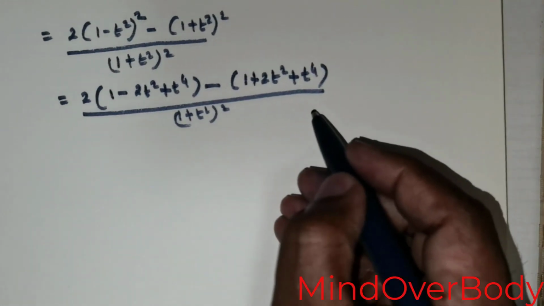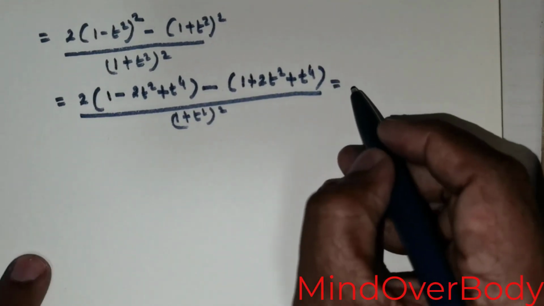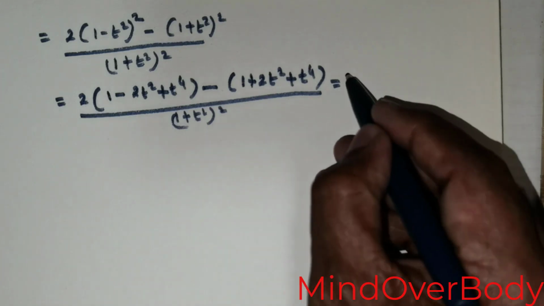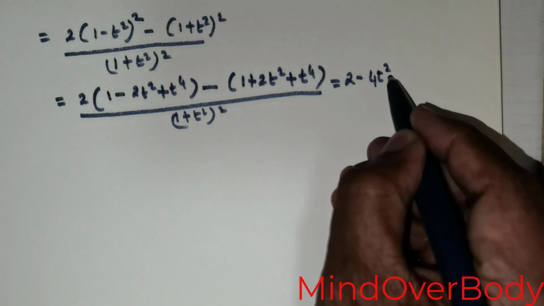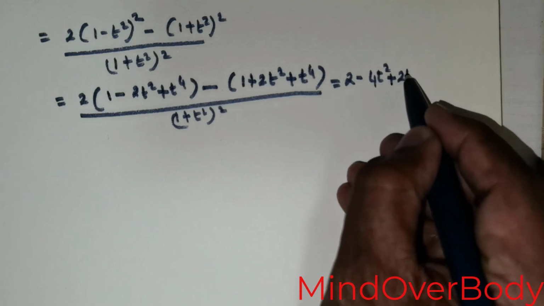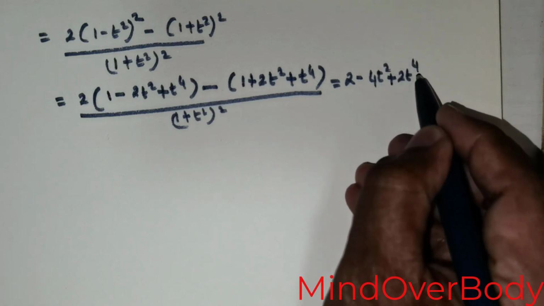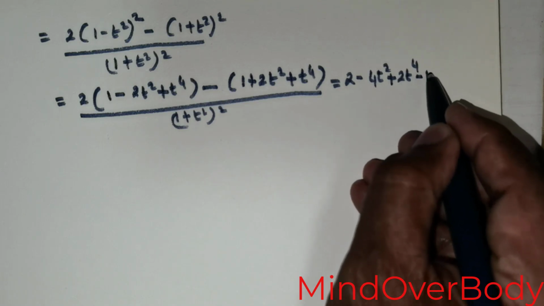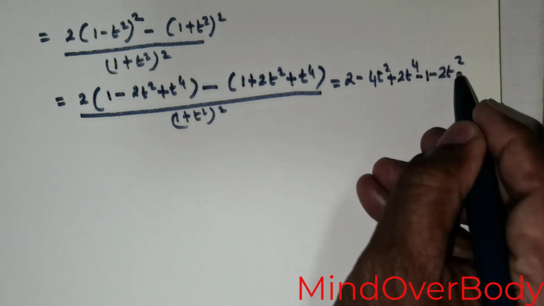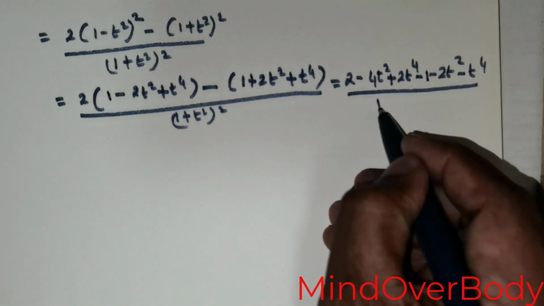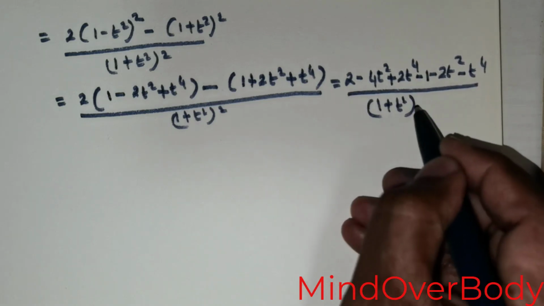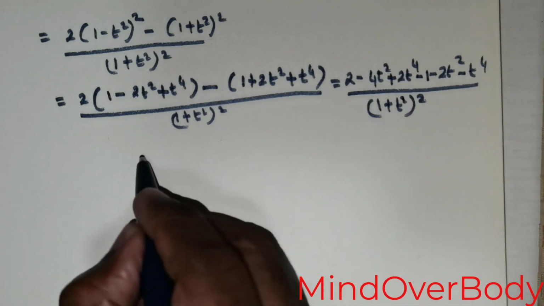Now this is equal to, 2 times 1 will give me 2, − 4t² + 2t⁴, and then this is going to give me −1 − 2t² − t⁴, divided by (1 + t²)². So this is what I got.